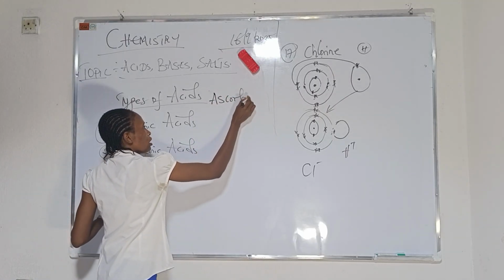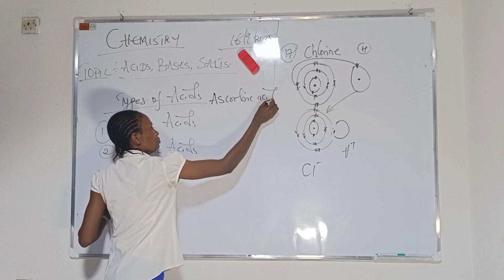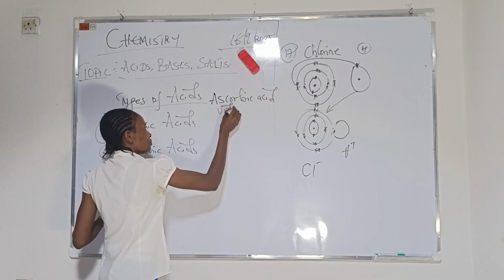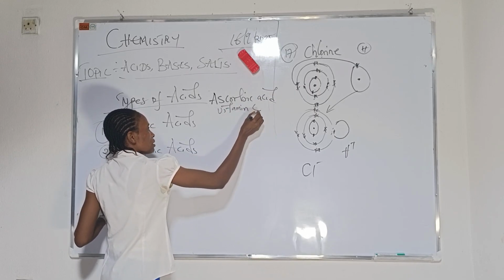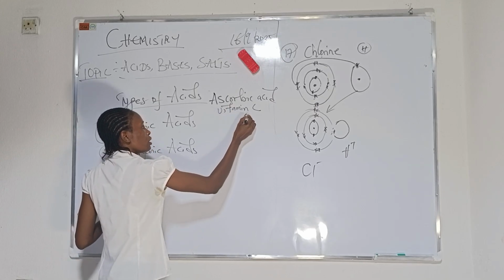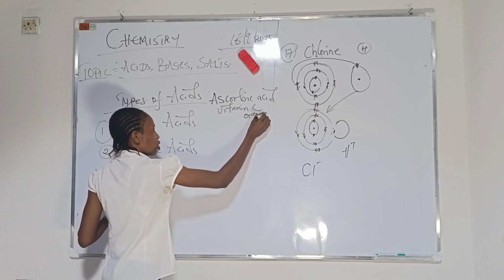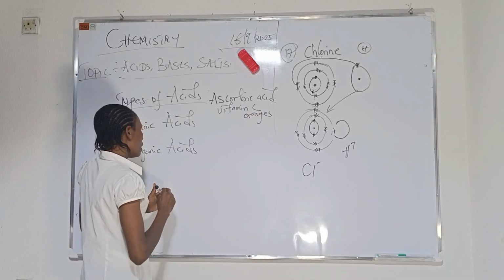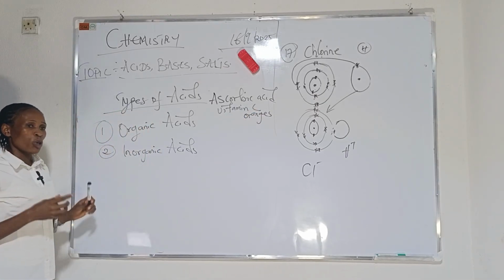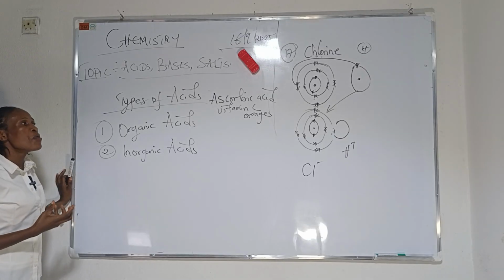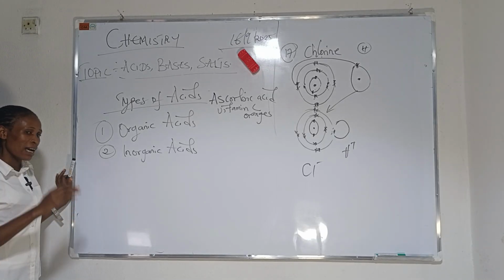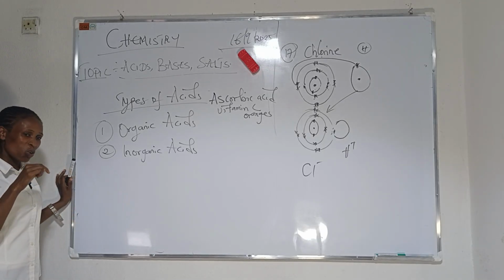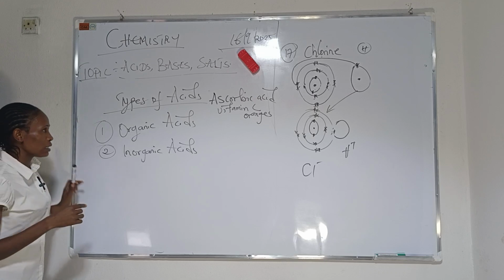That is the one we normally get from vitamin C, usually from oranges. Okay, it's an example of what? An acid. That's why sometimes when you take unripe orange, you do what? Slaps. It's because it contains an organic acid.